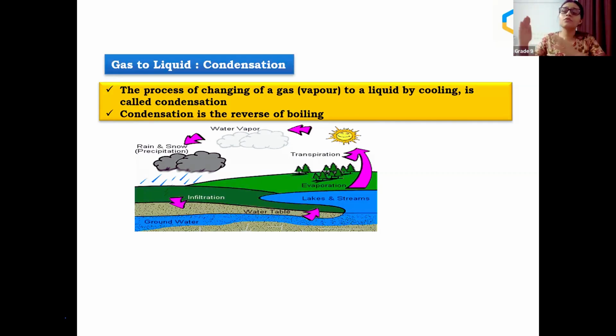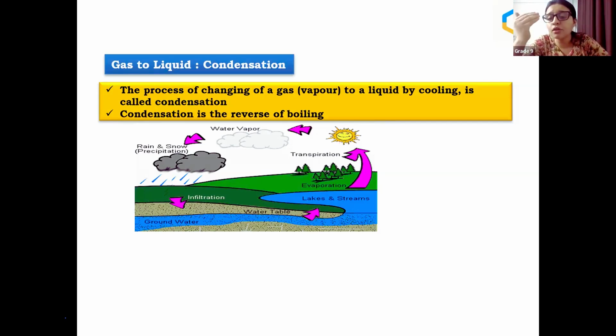So these forms of rain, like the hailstones and the snowfall, are all considered as precipitation. Precipitation means the solidification of liquid actually. Got it? So all this hailstorms and snow happens when there is a hilly region or the polar region.